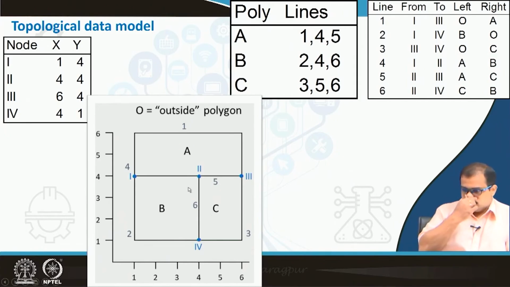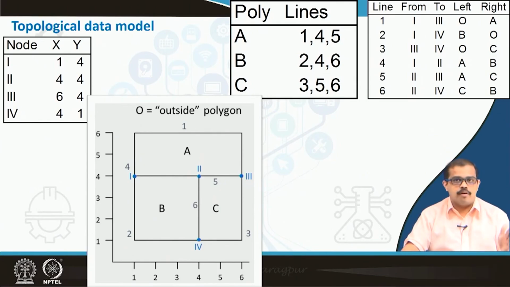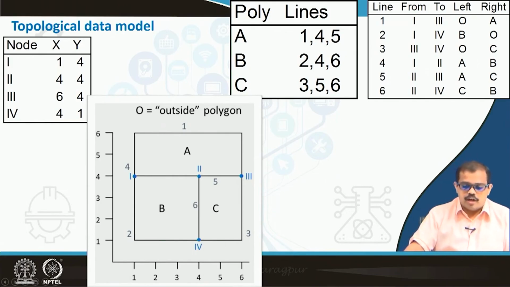Similarly we represent the polygons, each line based on where it goes from and to. On the left of that particular polygon you have an outside polygon, meaning there is nothing in between them, and on the right you have a polygon which is named on it. So that is how we read it.